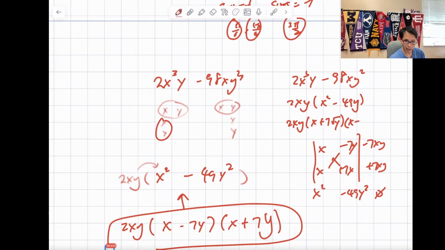So that is a harder problem. I won't give you this on a test. 99% of people don't see factoring with roots. But it can still be a difference of squares, because the square root of 49y is 7 root y. So that's how you see that.